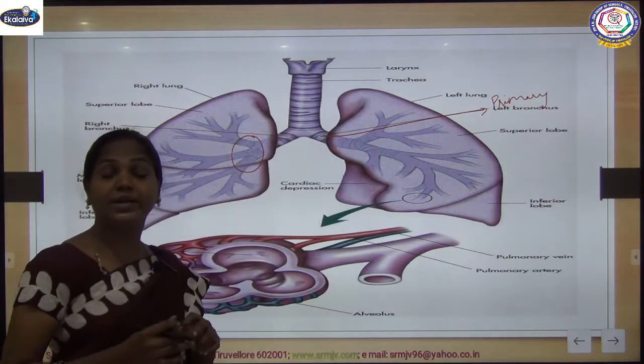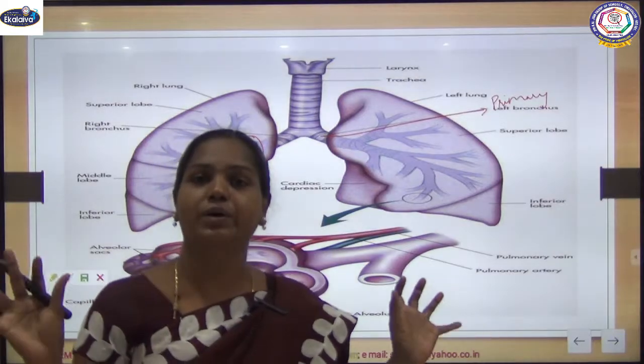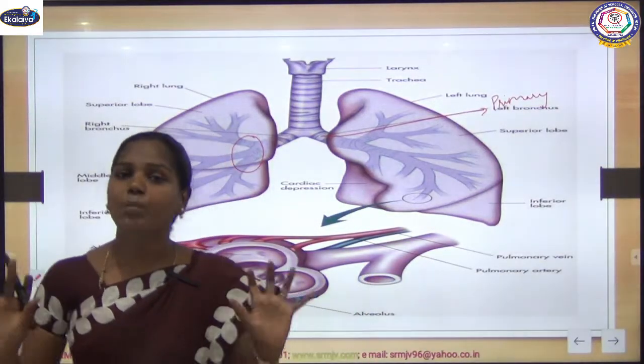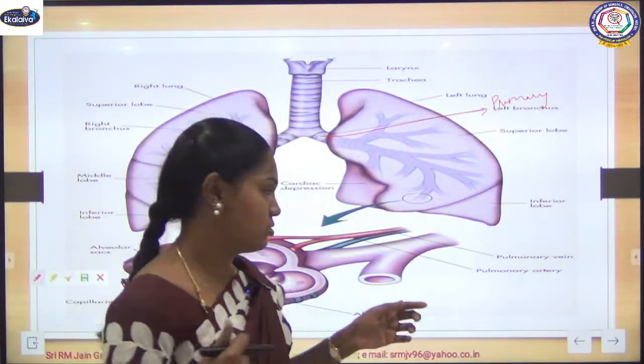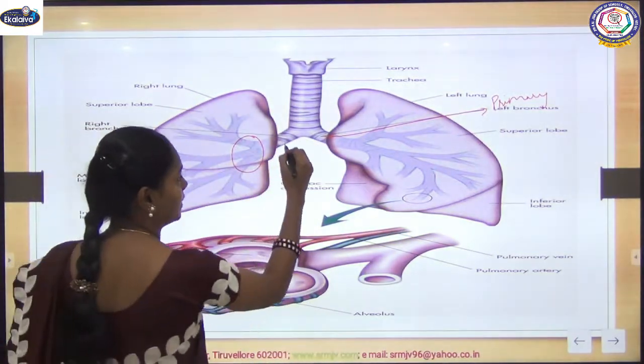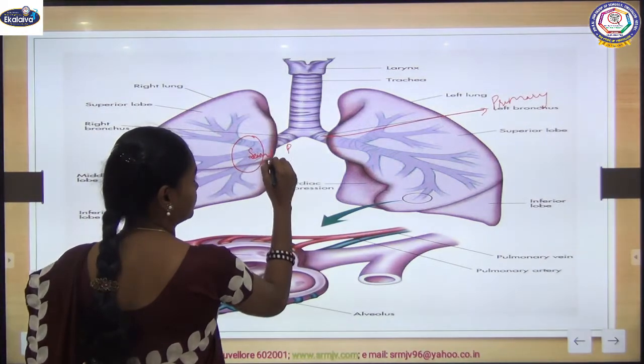It is dividing into secondary bronchi. That is a further division of bronchi, which in your lower classes you learnt as bronchioles. So see here, this is the primary bronchi and this is the secondary bronchi.